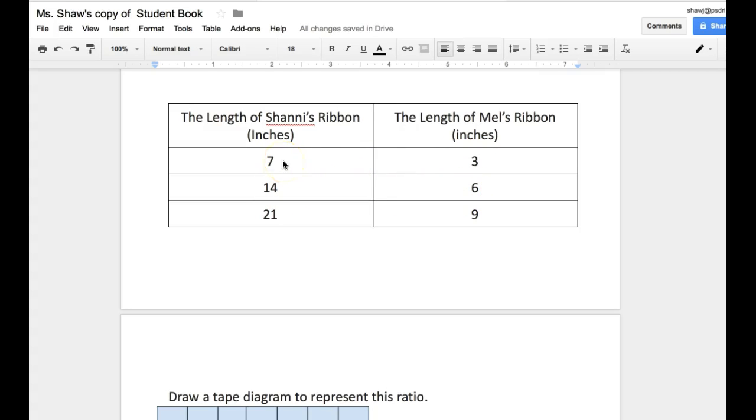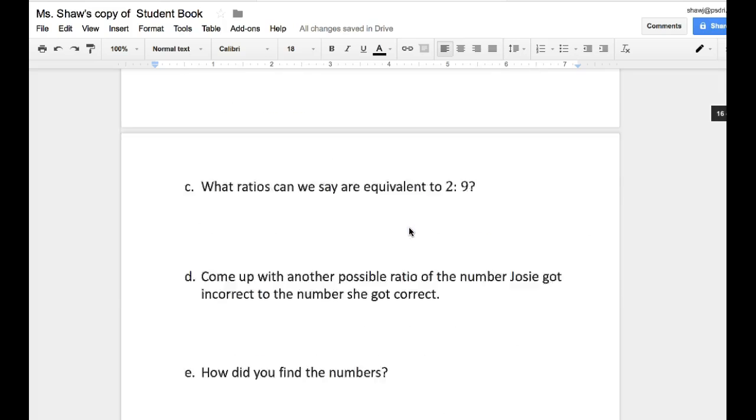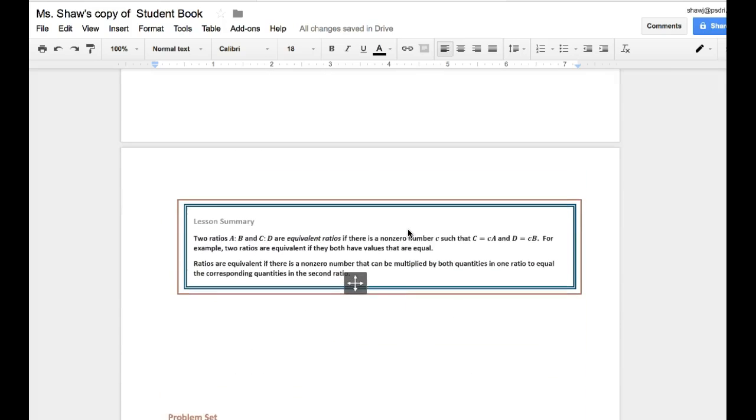If we multiply 7 by 3, and 3 times 3, we get the equivalent of 21 to 9, because 3 times 3 is 9. So when you multiply both parts of the ratio by the same number, you can then get an equivalent ratio. That is what this was saying to us in our lesson summary.